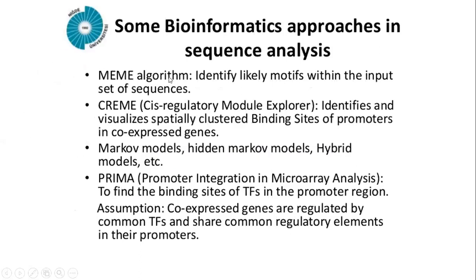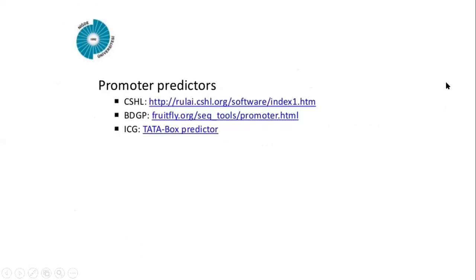Some other algorithms are the MEME algorithm and the cis-regulatory module explorer. Further, they use the same statistical models, Markov and hidden Markov models. And then for microarray analysis, Prima can also be used. Some of the promoter prediction software we have shown for fruit fly, ICG, and another TATA box predictor. CSHL is Cold Spring Harbor Laboratory. They have very nice promoter prediction software there.